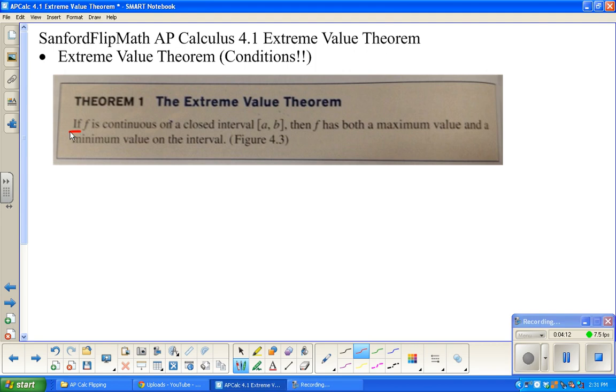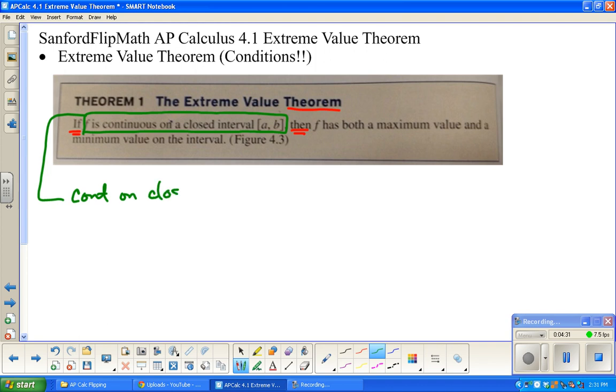Now this is an if-then statement. This is a theorem. This is like back in geometry. We're not going to do a proof with it or anything, but I need you to understand that there is a condition here that needs to be met for the rest of this to be able to be said. It says it's continuous on a closed interval. Closed interval, whatever that means.